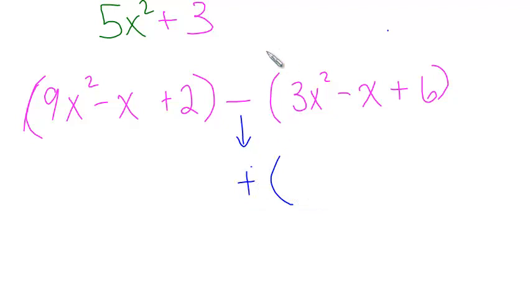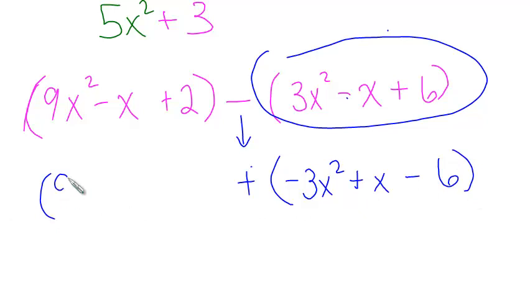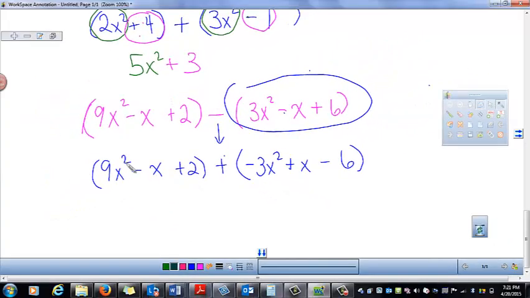And when you change it to a plus, all of this has to change. So it becomes negative 3x squared. This one becomes plus x, and then if you change this one, minus 6. The first one stays exactly how it was. So now 9x squared plus negative 3x squared gives me 6x squared.